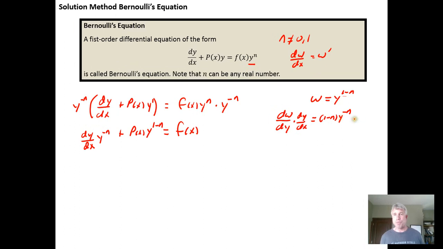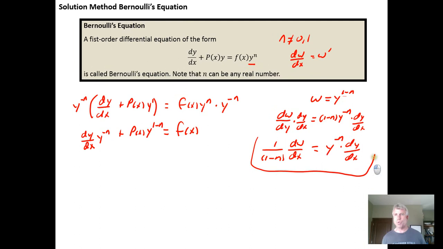I take the derivative of y with respect to x, and dw/dy times dy/dx is just dw/dx equals, and then I can divide both sides by 1 minus n. So I'm going to get a 1 over 1 minus n on the left hand side, and that's going to leave me with a y to the negative n times dy/dx on the right hand side.